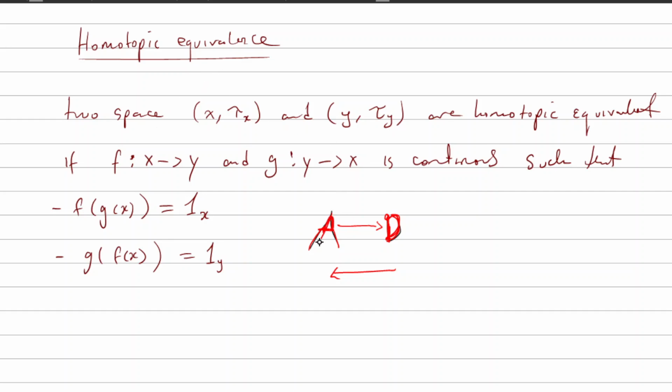You can move from this point to this point and the other way around. That is why you need to show that when you take f of g of x, you get the identity of x, and when you take g of f of x, you get the identity of y. So basically, that's it.